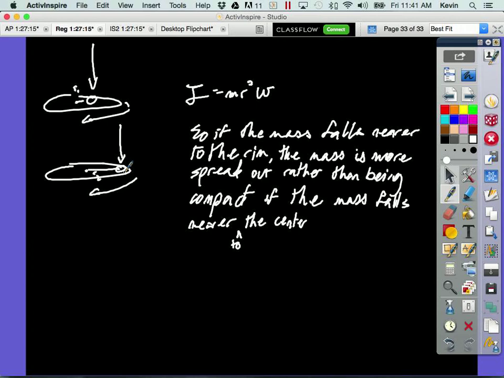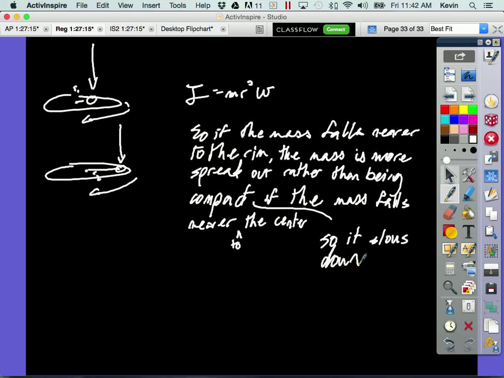Actually, you haven't even said if it slows down. You just said if it falls near the center, the mass is more spread out. That's all you said. Does it slow down or speed up? Okay, so you're saying it slows down.